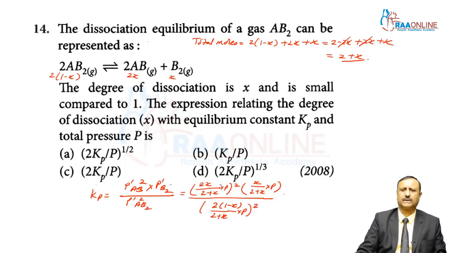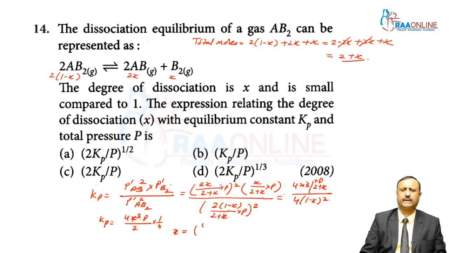My dear students, you can see here that it is 4x cubed upon 2 plus x into P upon 4 into (1 minus x) whole squared. Then, my dear students, Kp is equal to 4x cubed into P upon 2 into 1 upon 4. So, my dear students, you can calculate this x here.